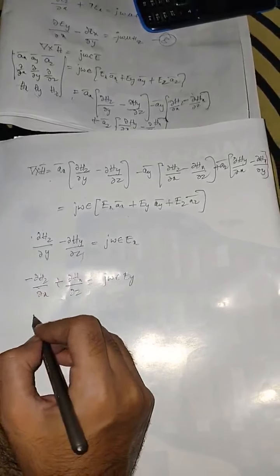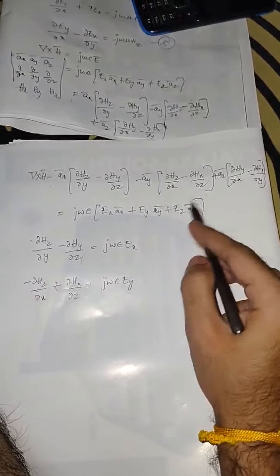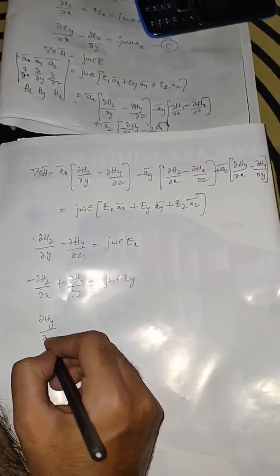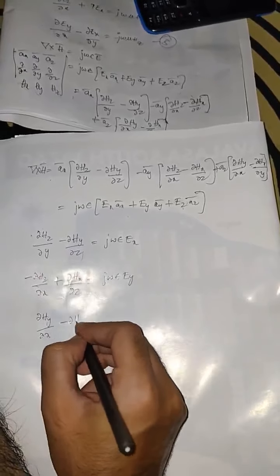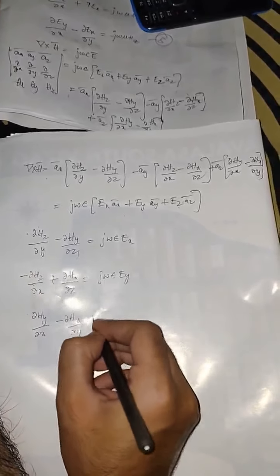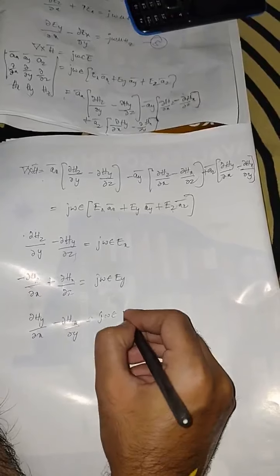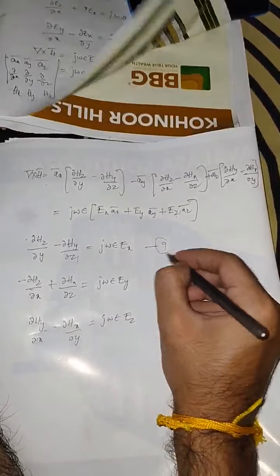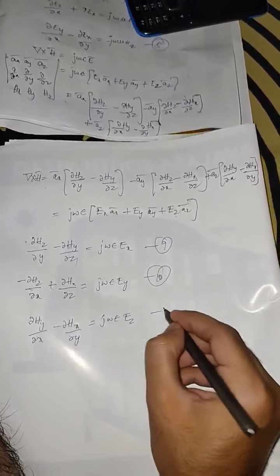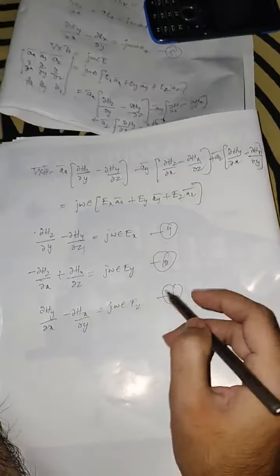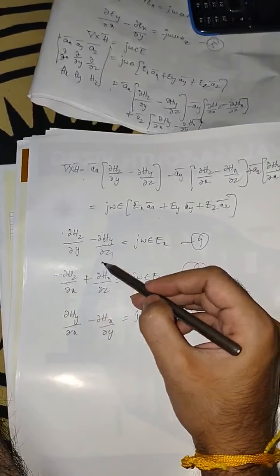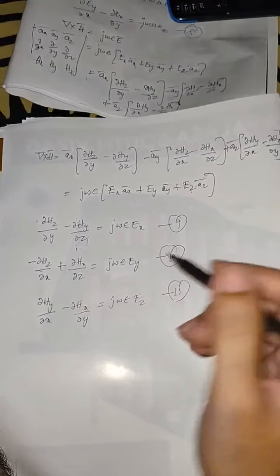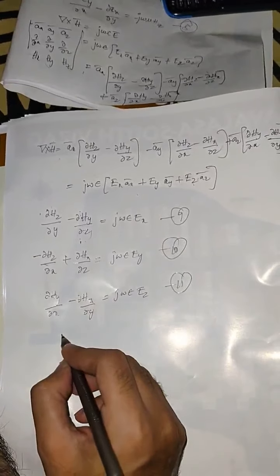Okay, so this is another equation, and the third equation can be obtained by equating the az components, which is nothing but ∂Hy/∂x minus ∂Hx/∂y, which is equal to jωε Ez. Now these are the 9th, 10th and 11th equations. So convert these equations in terms of ∂/∂z. Whenever there is a ∂/∂z value, we substitute it as minus gamma.